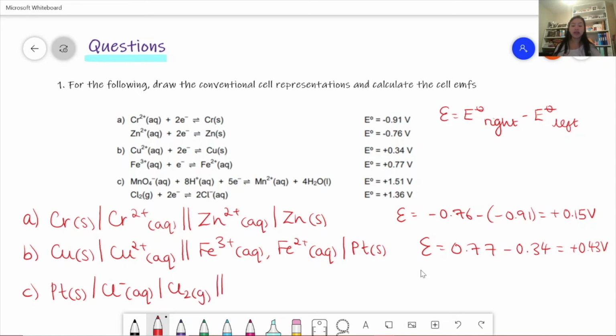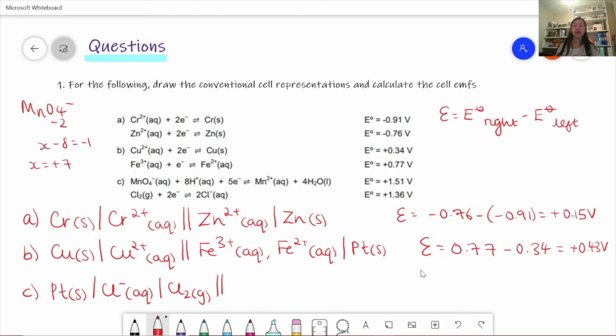And then we have the salt bridge, and now we have the MnO4- or the Mn2+, or the H+ to choose from. And so what we do is we work out the oxidation states. So for MnO4-, we have -2 here. So if you times that by 4, you get -8. And we have x minus 8 equals -1. So x equals +7.